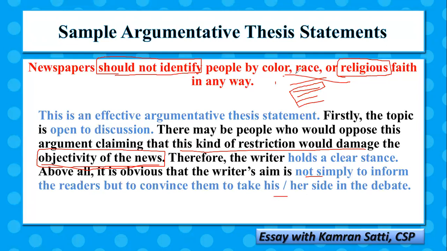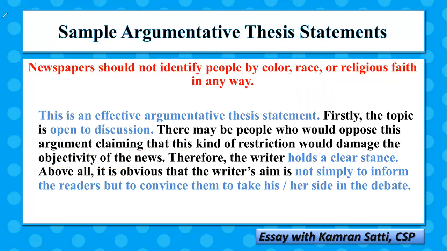Let's suppose the people of a particular race are aggressive by nature, but if you overlook that fact because it might offend someone, then the principle of objectivity is compromised. So the crux is that this is an effective thesis statement because it is debatable. Both sides of the argument are debatable. You can take either stance and elaborate on it.